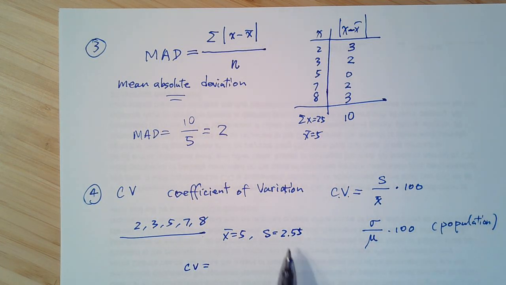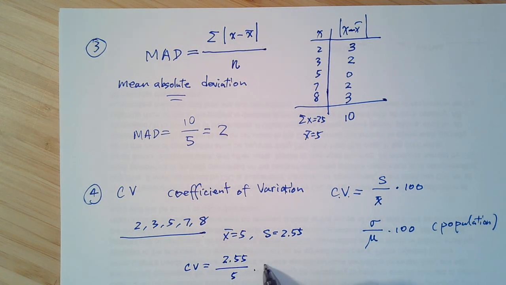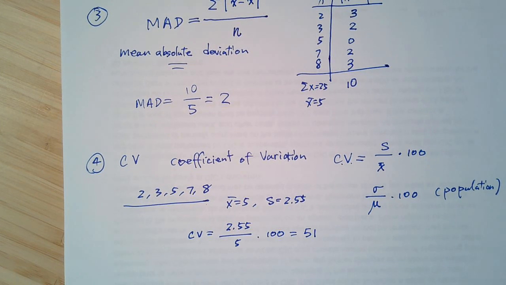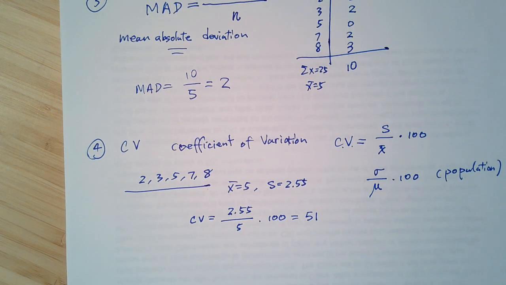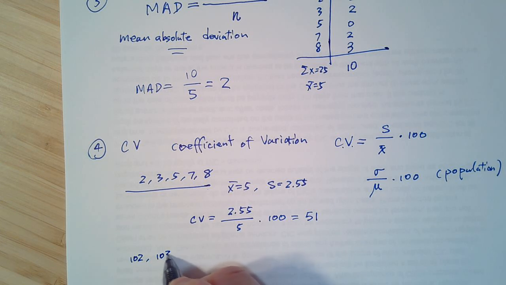It's the standard deviation 2.55 over x bar, 5, then times 100. So the answer is 51. What does that mean? Let me give you another example, another data set. I have 102, 103, 105, 107, 108.